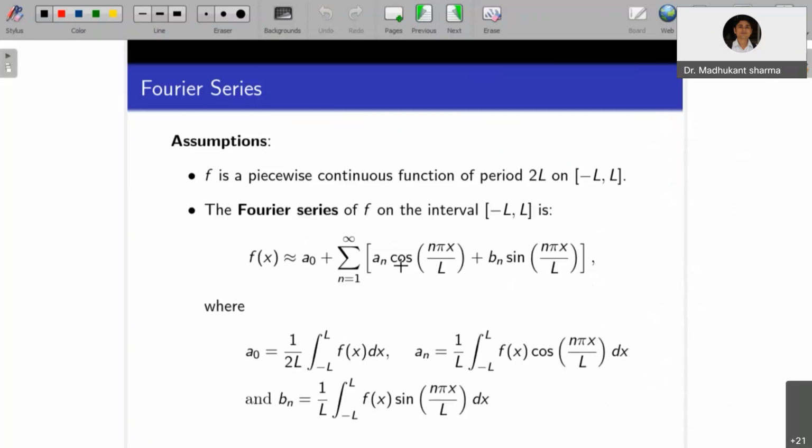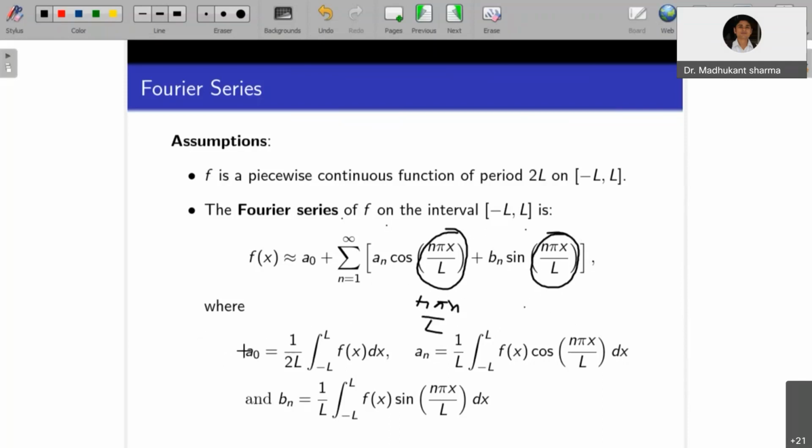Now the Fourier series of f on the interval minus L to L is as follows. It was there, cos of nx and sine of nx. Now x is replaced by pi x by L, so nx is replaced by n pi x by L, similarly here also.